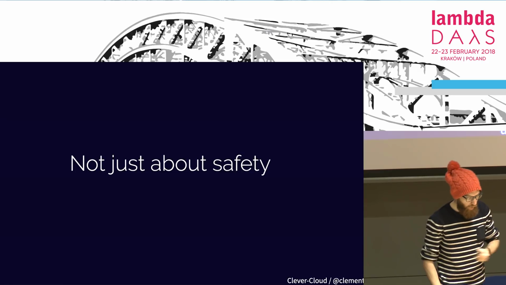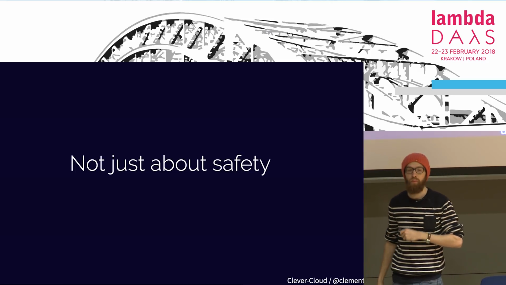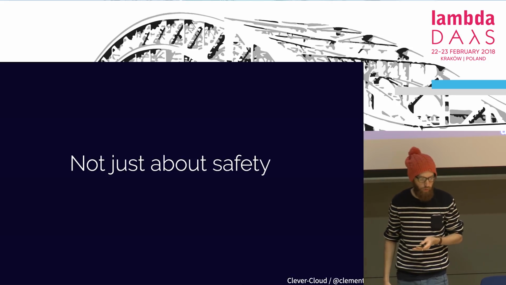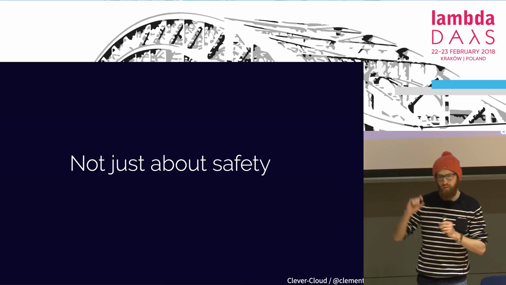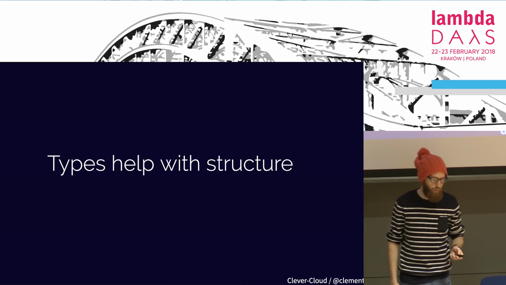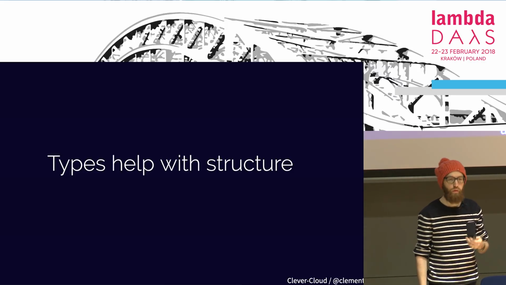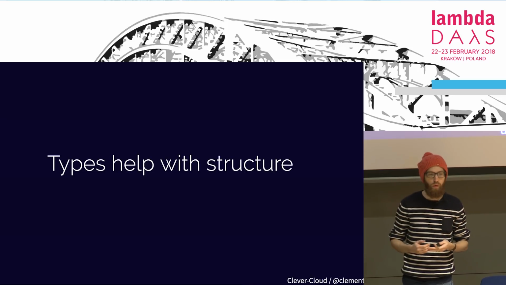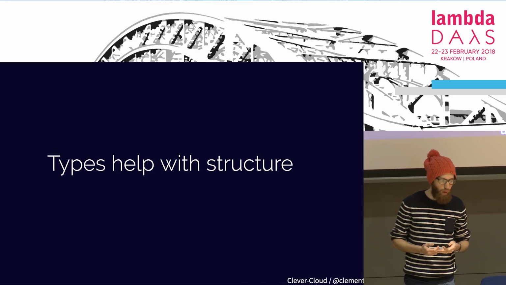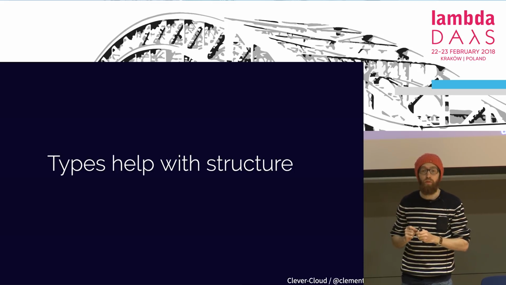But that's an issue I have with saying you should use types because it will prevent errors. It's true, of course, but it's just a little bit of what types can do for you. For me, the biggest help with types is that they help with structure. When I create a program, I've been taught to use analysis and to break my problem into smaller problems.